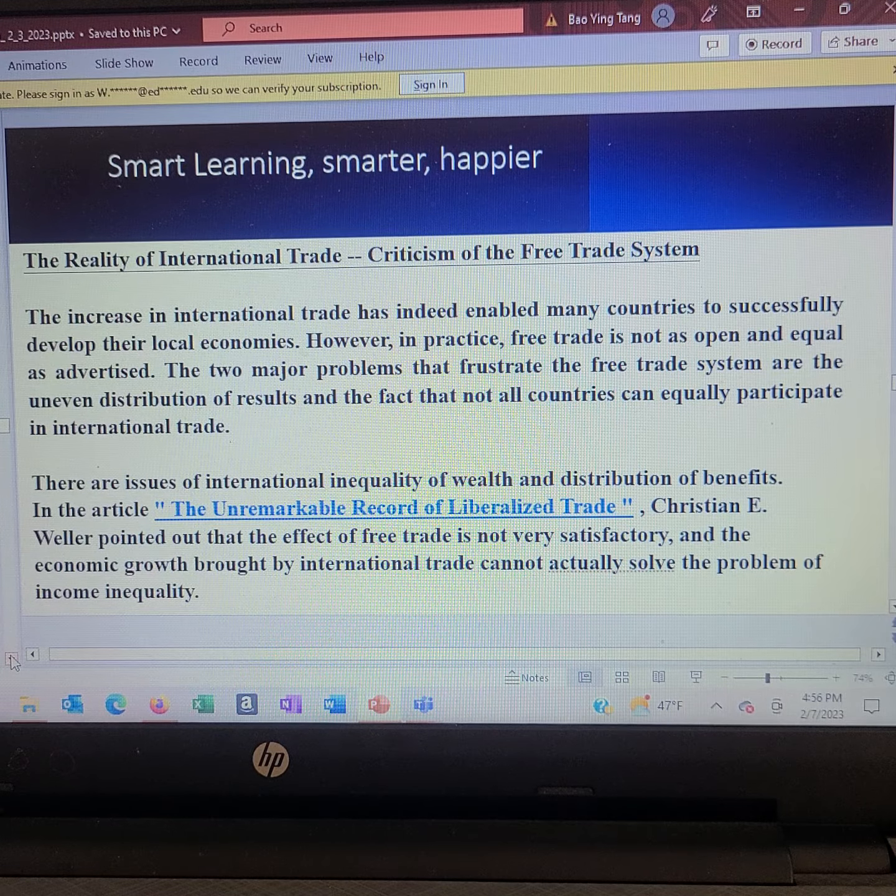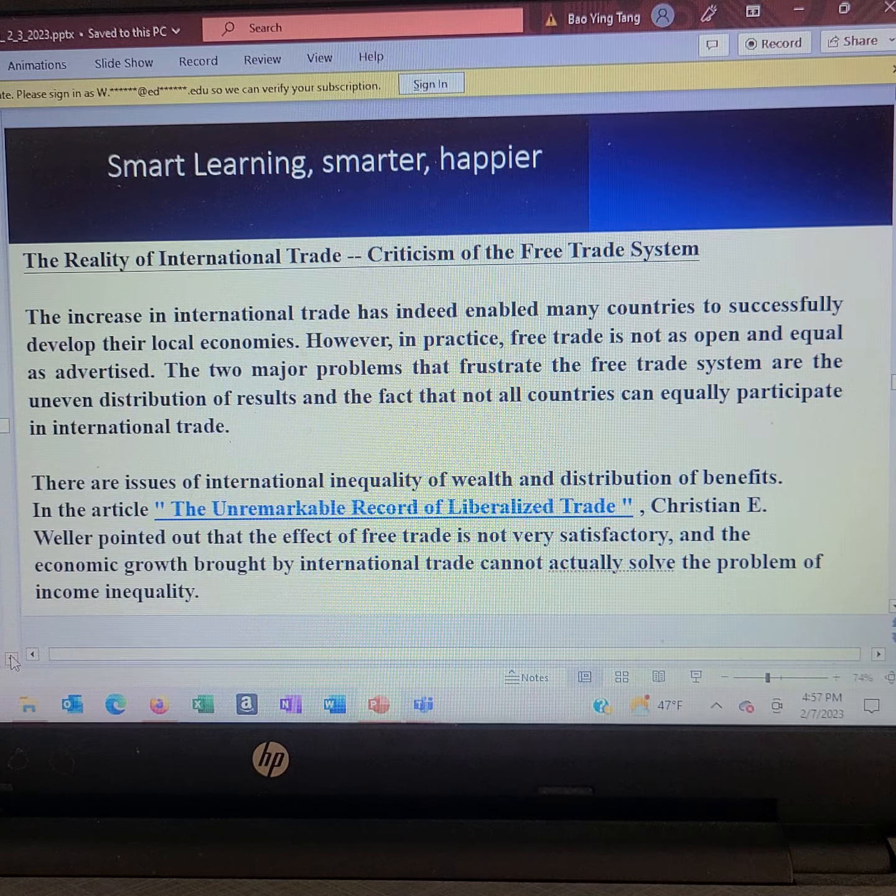However, in practice, free trade is not as open and equal as advertised. The two major problems that frustrate the free trade system are the uneven distribution of results and the fact that not all countries can equally participate in international trade. There are issues of international inequality of wealth and distribution of benefits.